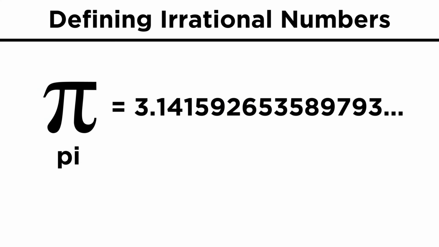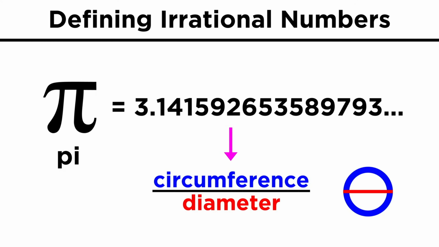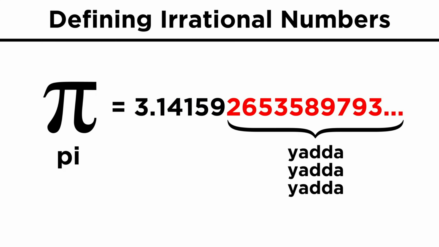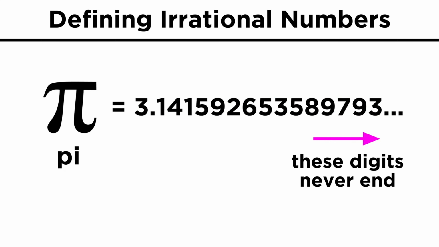Other irrational numbers include pi, which is the ratio of the circumference of a circle to its diameter. We all probably know the first few digits of pi, which are 3.14159, and so on. Again, this number never ends, with no pattern whatsoever in the digits. And it's not for lack of trying. Mathematicians have checked.